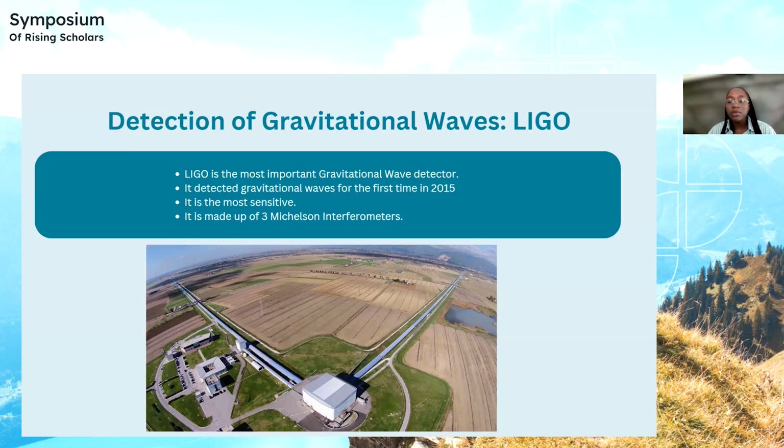So scientists built observatories to detect and measure these dilations, and the Laser Interferometer Gravitational Wave Observatory is one of these observatories, and it is a very, very important observatory because it was the first observatory and it detected gravitational waves for the first time in 2015, which proved Einstein's theory of general relativity and created the new branch of gravitational wave physics.